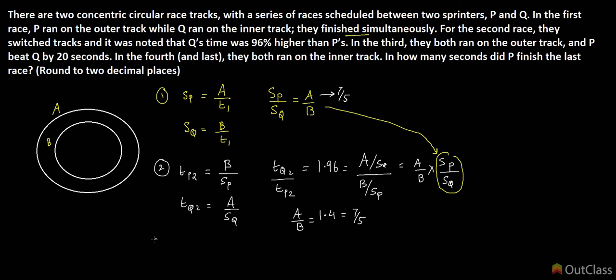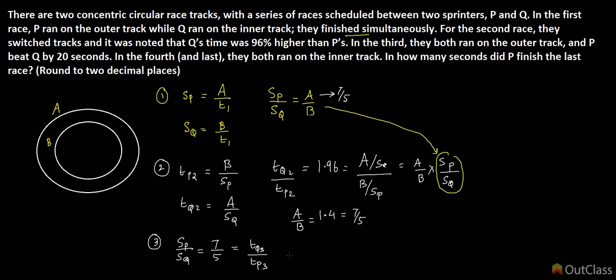Now the third race. In the third race, they are both running on the outer track, the same track, right? So since SP by SQ is 7 by 5, the time ratio is the inverse of the speed ratio because it's the same distance. TQ3 by TP3 should also be 7 by 5.